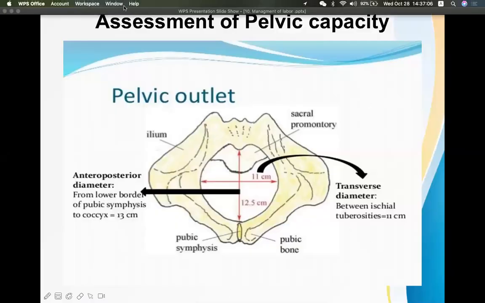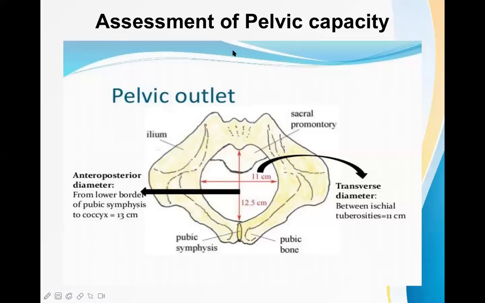Before the break, we were talking about the different diameters of the pelvis. We talked about what is the diameter of the pelvic inlet, what is the diameter of the pelvic cavity, and what is the diameter of the pelvic outlet. So let me quickly revise again. Regarding the pelvic inlet diameter, we check diagonal conjugate during the pelvic assessment.